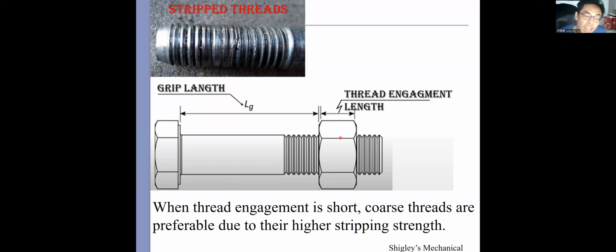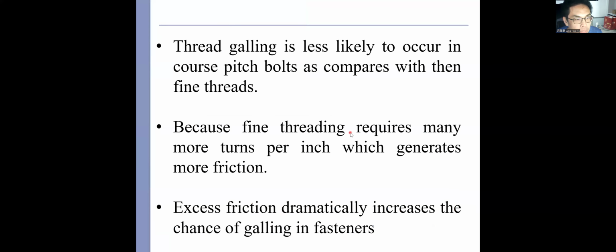That means the surface contact between the nuts and the screw has a higher area contacting each other, between the bolt thread and the nut thread. And this higher surface contact provides higher stripping strength.